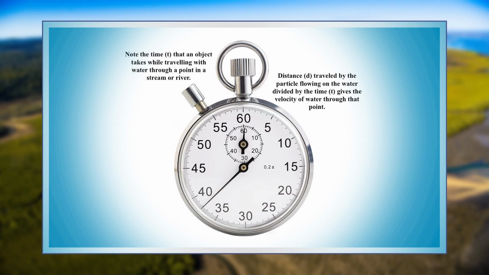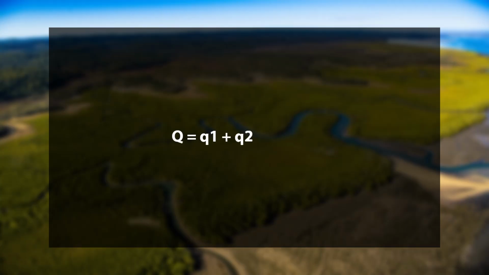To measure the river discharge, hydrologists take the cross-sectional area A and average velocity V. The equation is solved for each segment to calculate the discharge as Qi is equal to Ai into Vi. The total discharge is the sum of all individual segments at that point and is given as Q is equal to Q1 plus Q2 plus Qn.